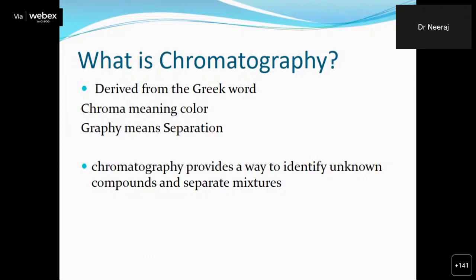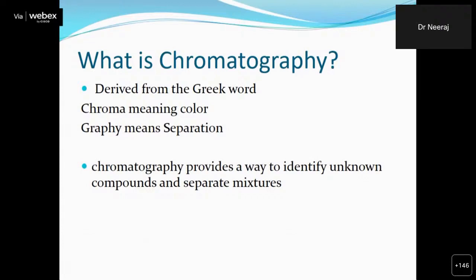So chromatography provides a way to identify unknown compounds and separate mixtures. We have discussed some plant extracts, crude extracts. There are a number of compounds in them; they can be polar, non-polar. They might be low molecular weight or high molecular weight.